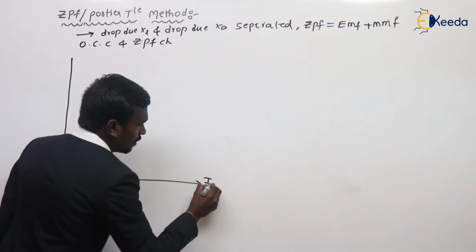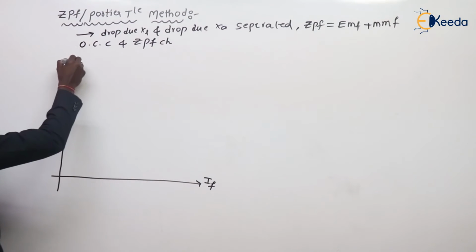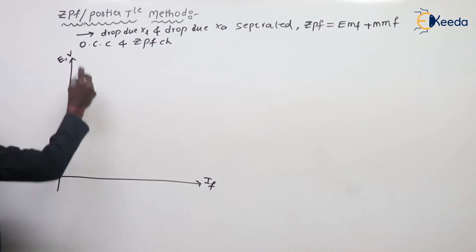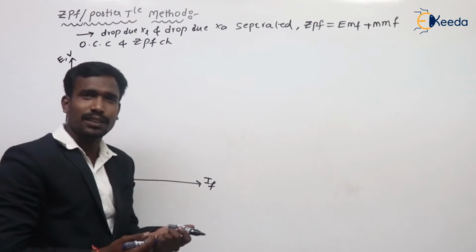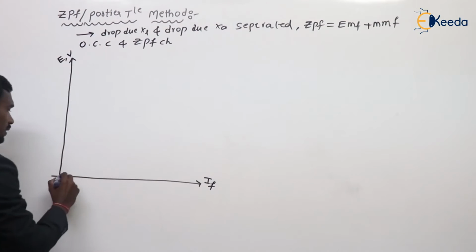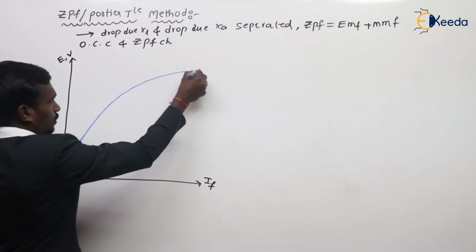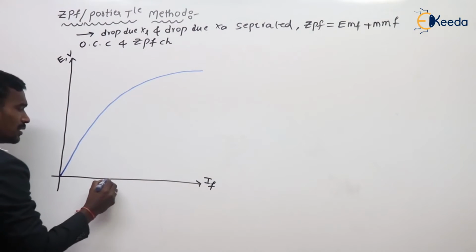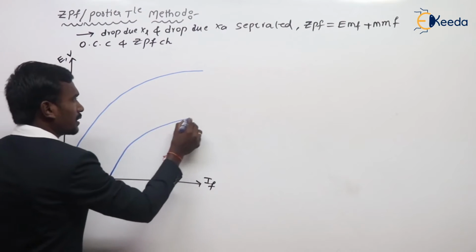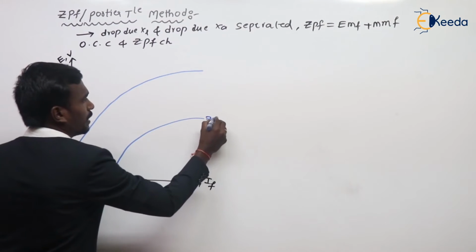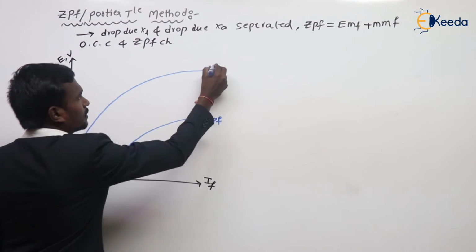This is the field current. This is EMF for OCC and voltage for ZPF characteristics. The OCC characteristics are like this, and the ZPF characteristics are like this.